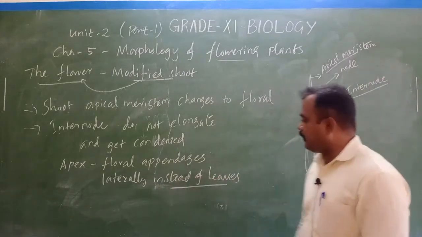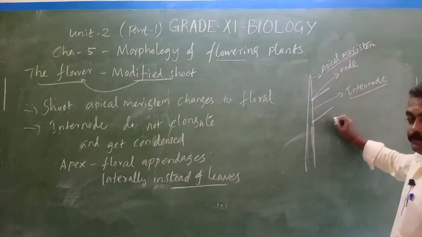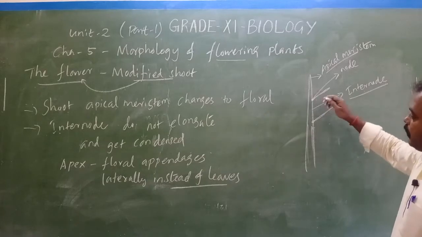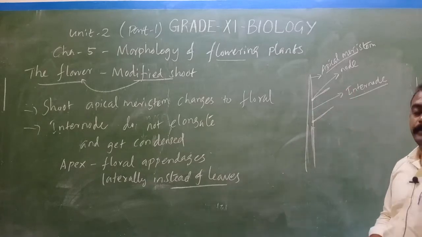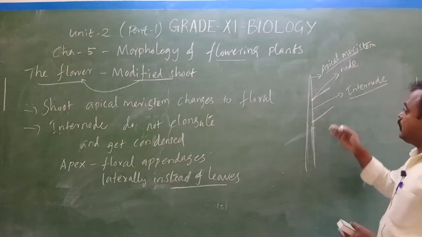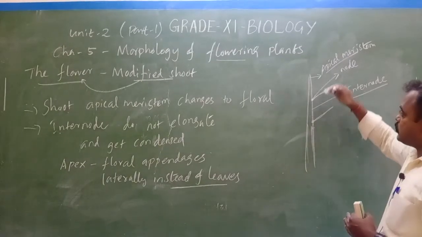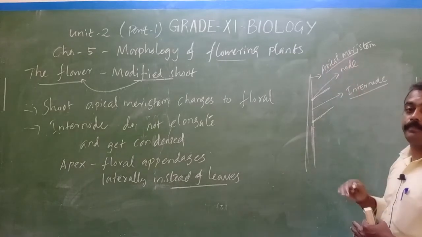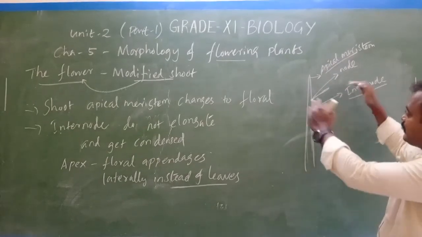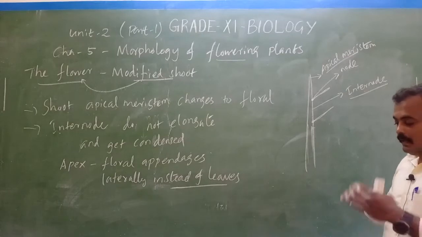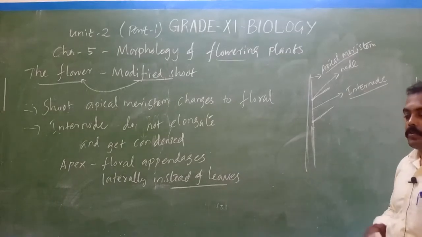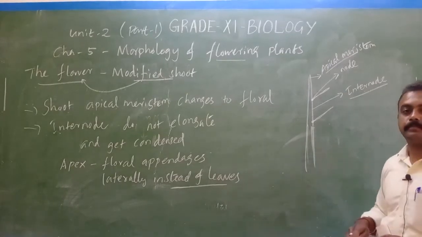Actually what happens when it grows, the internodes are coming. Generally I am talking here. If it is not condensed, what happens? It grows, the apical meristem also grows. On the lateral side, what is coming? Leaves are coming. So the plant is growing.